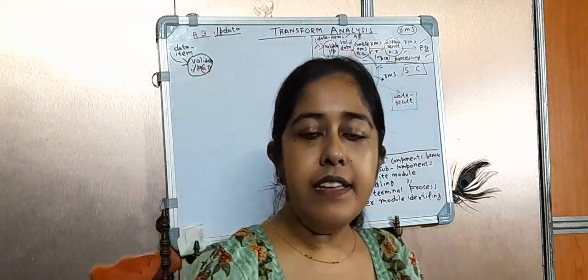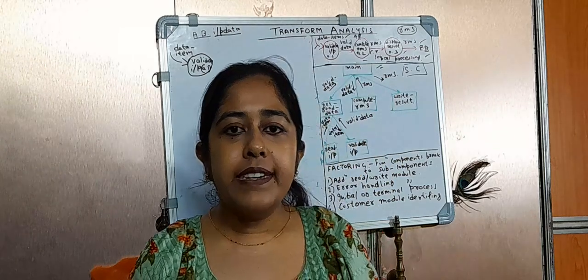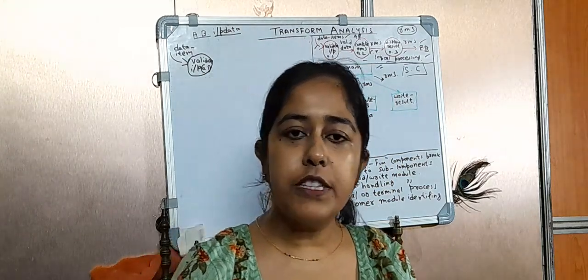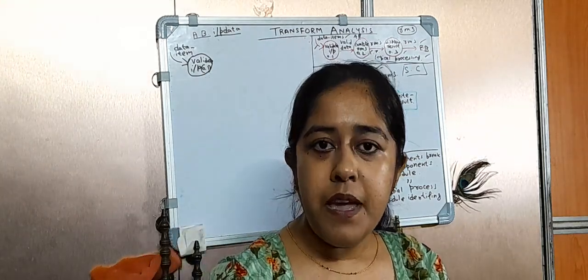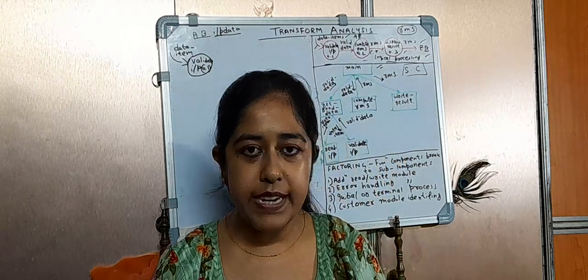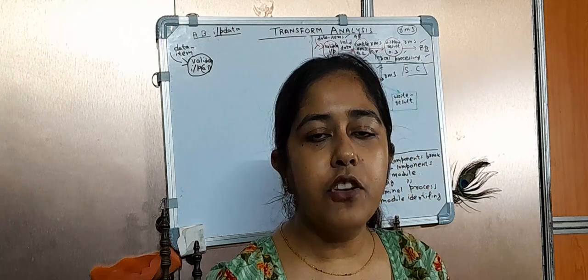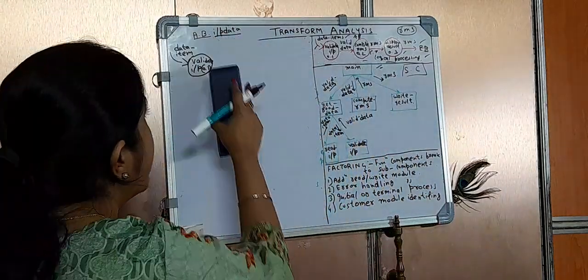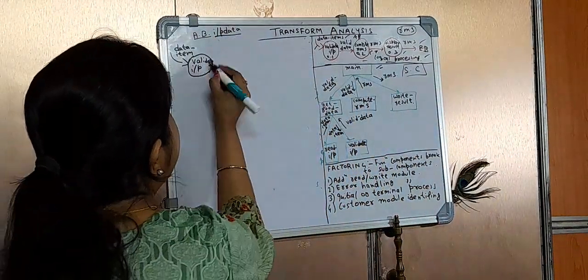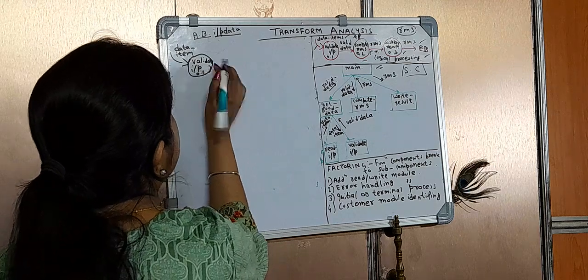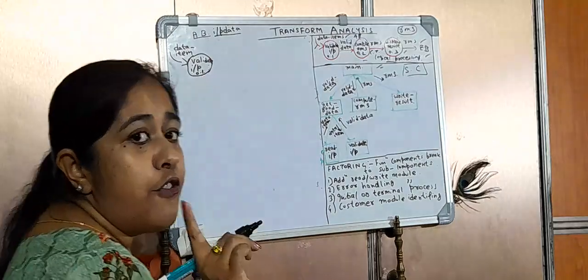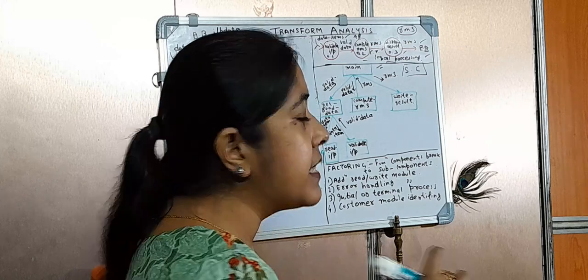Suppose you are going to get the sum of two numbers, so obviously you will need two numbers. But if they give you any kind of alphabet, then it is invalid data. If you are getting numbers, that is valid data. So first we have to check whether the data given to me is valid or not. This is the first function of this DFD.